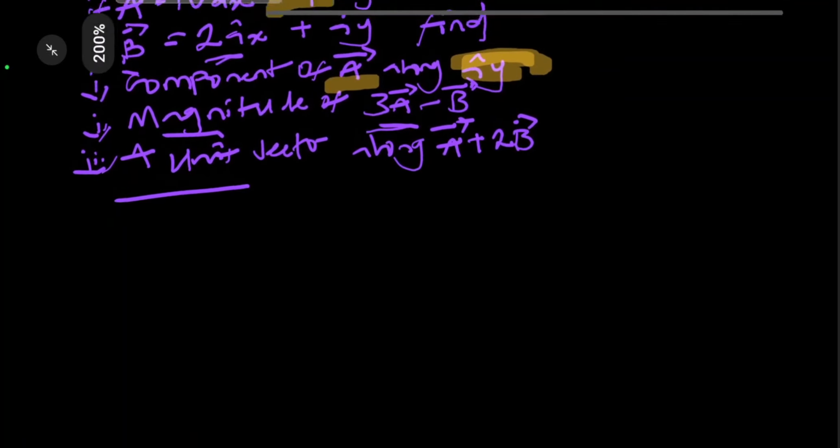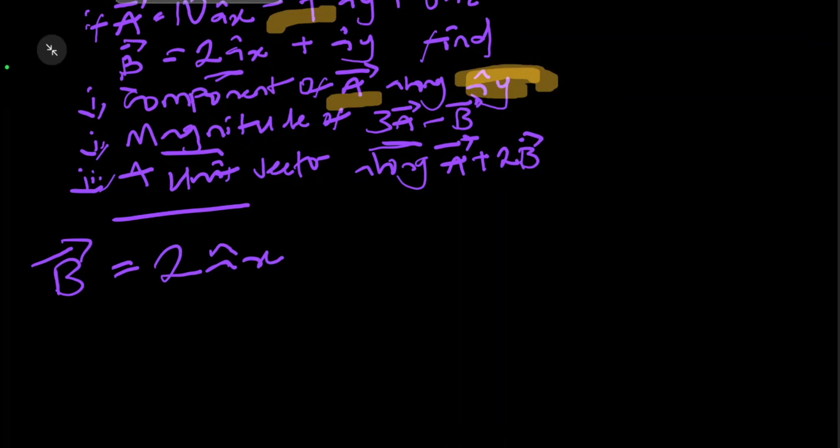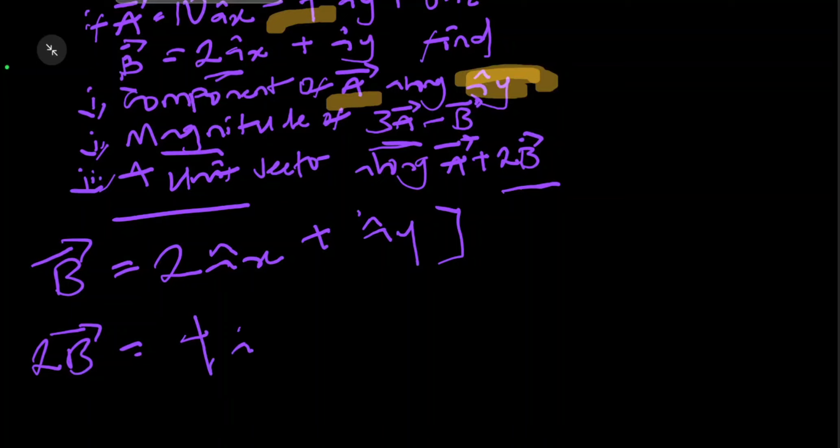So we have our second vector here as b equal to 2 unit vector plus 1 unit vector, but they said 2 here, so we should multiply this vector by 2. So when we do that, we should have 4 unit vector plus 2 unit vector.